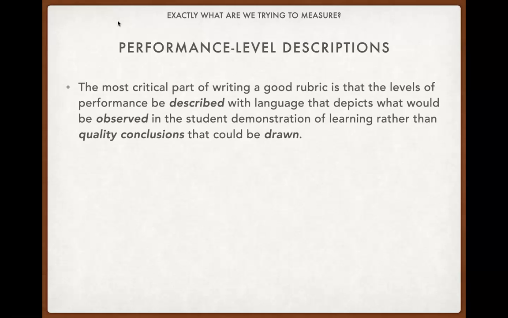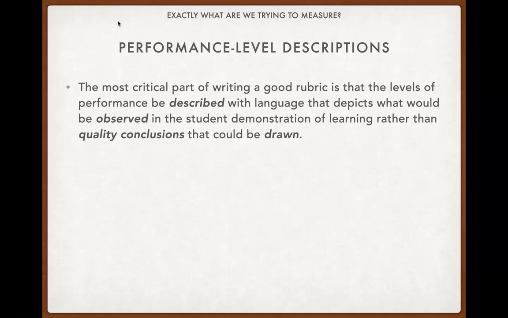So the most critical part of writing a good rubric is that the levels of performance can be described with language that depicts what would be observed. Observed is critical here, in the student demonstration or performance of learning, rather than quality conclusions that can be drawn from their submission.